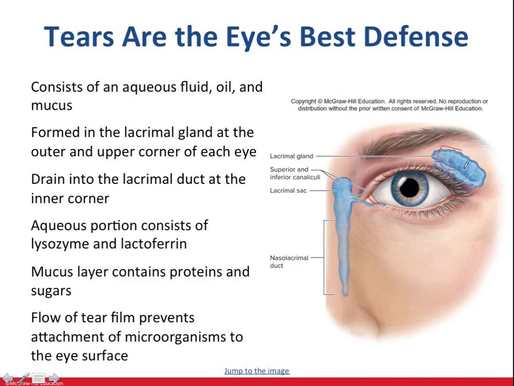The tears are released to the eye, then collected by the lacrimal duct and drained through the nasolacrimal duct to the nasal cavity.